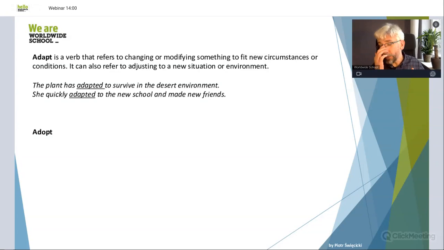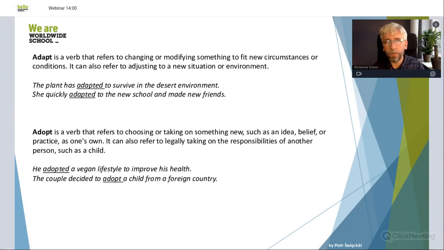What about adopt? Adopt is like adoption, right? That's the link you can create in your mind. But it's not only about adopting children or animals.